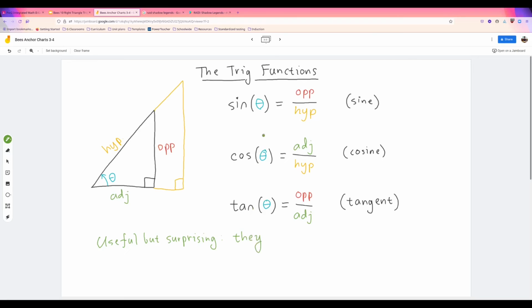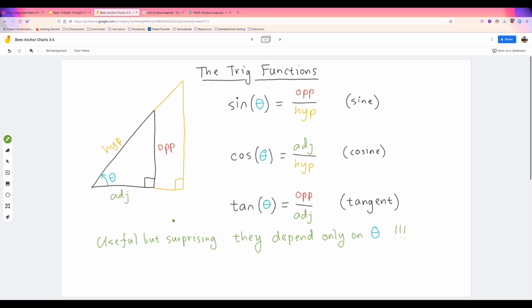These functions, their values, depend only on the angle theta. Pretty cool.